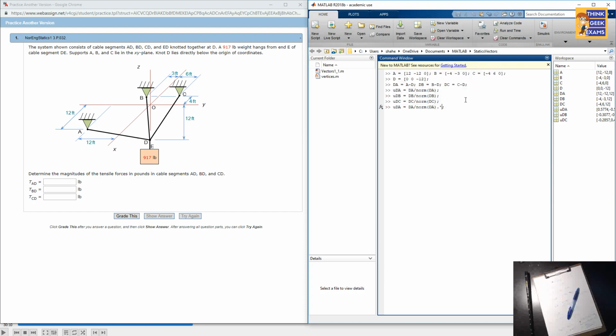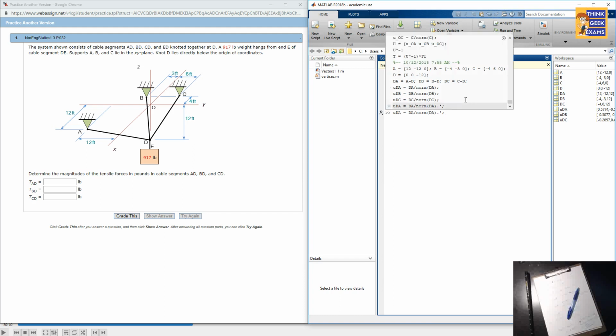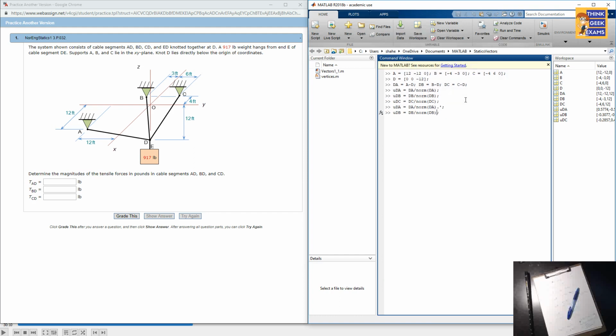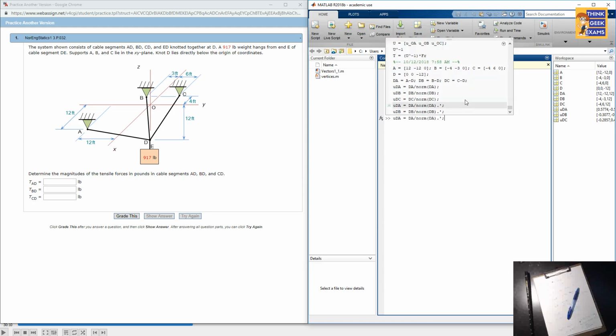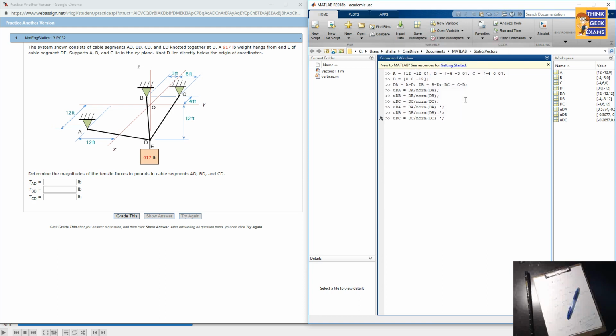That might actually help. Okay, now that we have them as column matrices, let me make sure they are UDA.